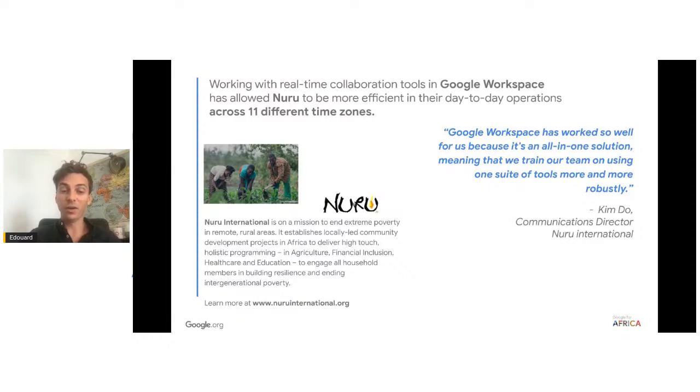As Kim Do, their strategic communications director, would say, in any company, in any organization, people adopt technology at varying levels and varying speeds. This is why it's so important to get an all-in-one solution, meaning that we get trained on the same suite of tools.